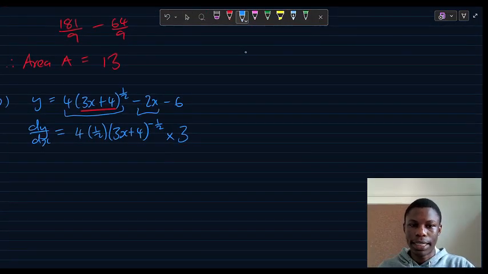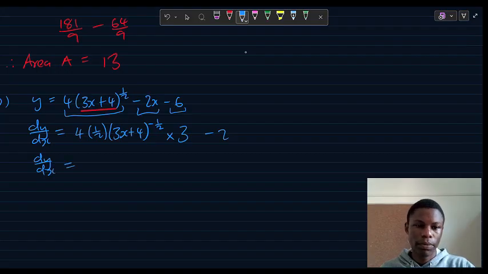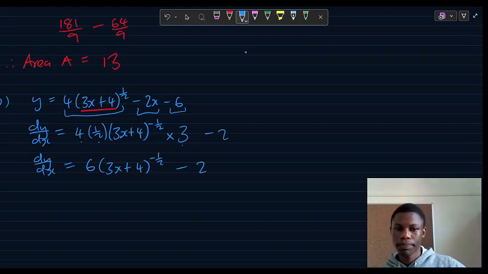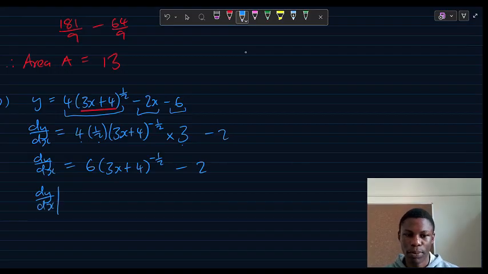And now differentiate negative 2x, that's negative 2. Differentiate a constant, you get 0. So dy/dx is equal to, let's simplify this: 4 times half times 3, that's 6, times (3x plus 4) to the negative half, minus 2. So this is the gradient function of the curve, and we want the gradient of the curve at a specific point, which is the point P. So we want dy/dx at the point P, which has x being 7.